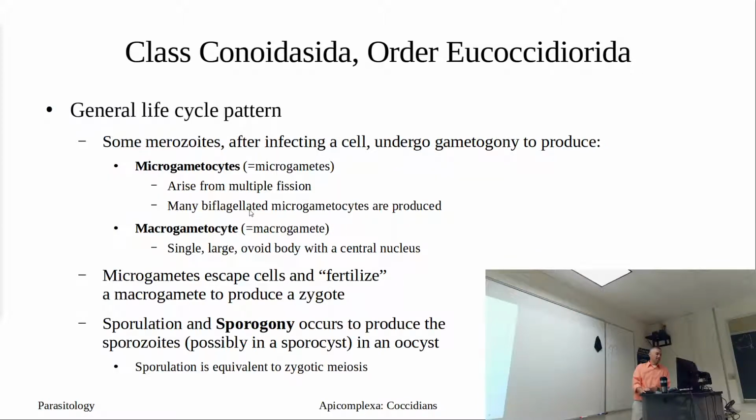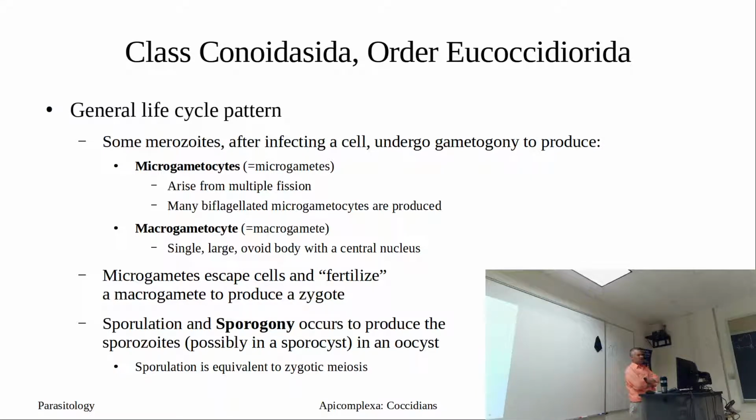Right. Some of these merozoites, after they infect the cell, will undergo gametogeny. All right? And these things are defined. So some of these merozoites will undergo gametogeny to produce microgametocytes.